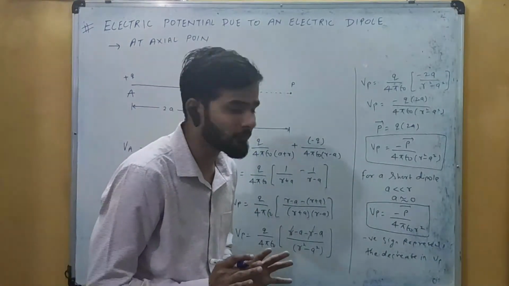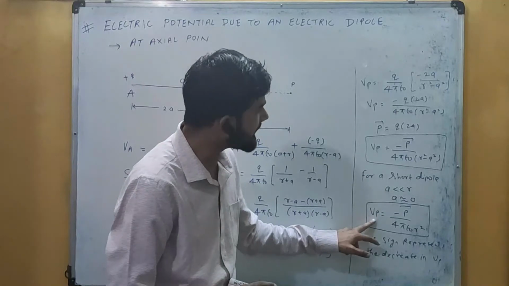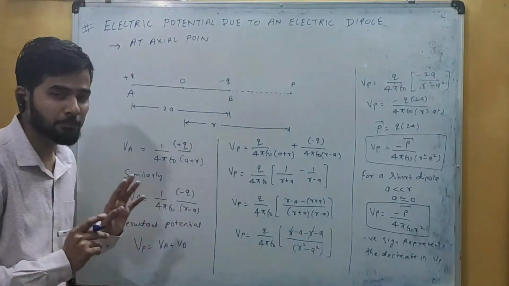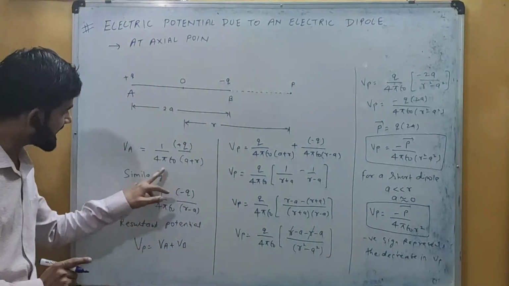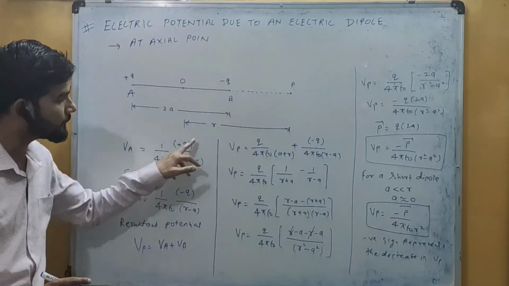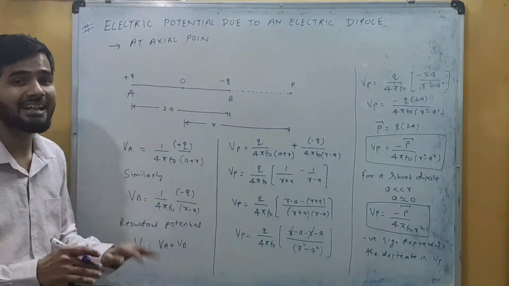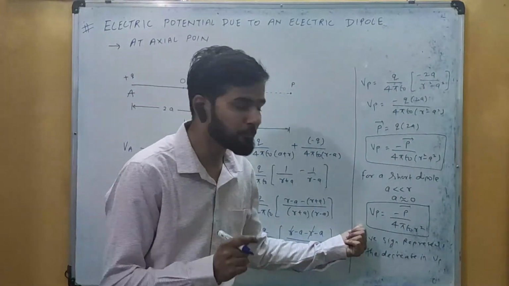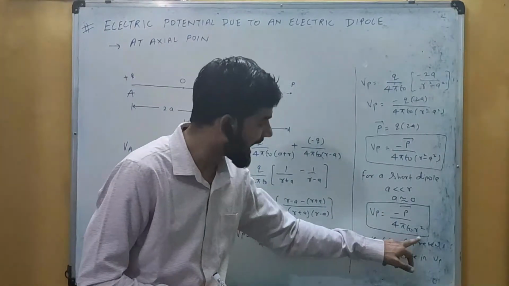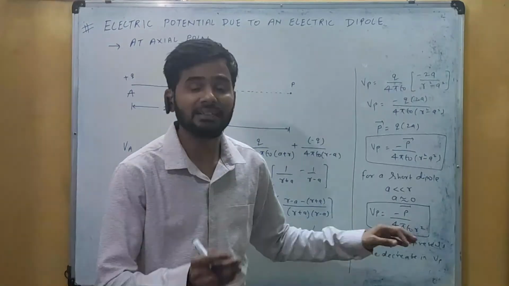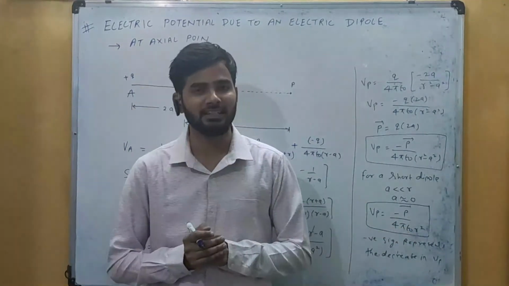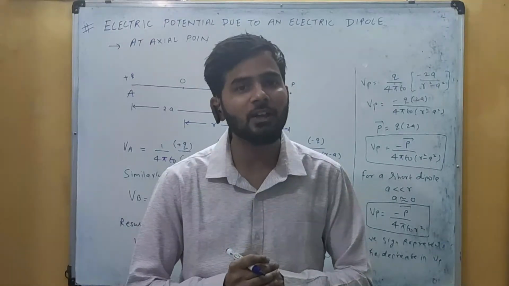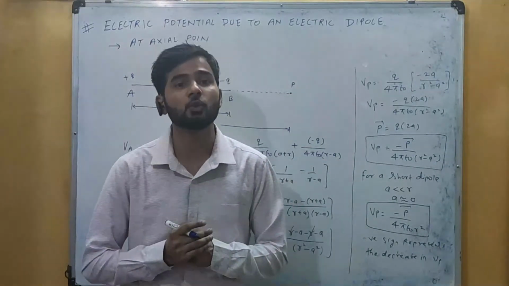Now note down one more thing. When we calculate the potential due to a point charge, V is equals to 1 by 4 pi epsilon naught q by r, that is inversely proportional to r. But for a dipole, Vp is inversely proportional to r square. We saw the same in the case of electric field intensity. For a point charge, E is equals to 1 by 4 pi epsilon naught q by r square.